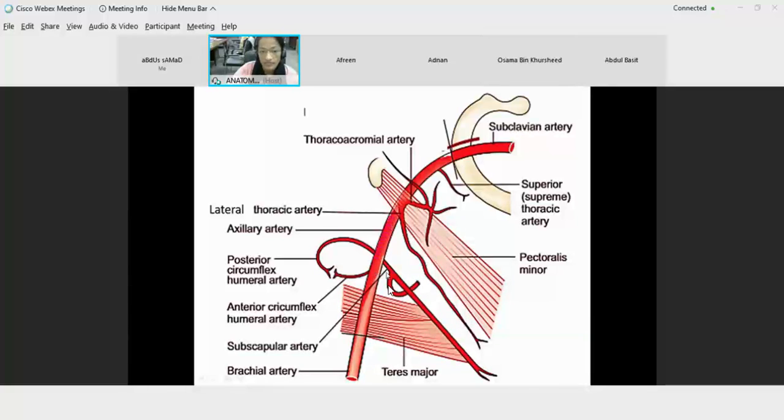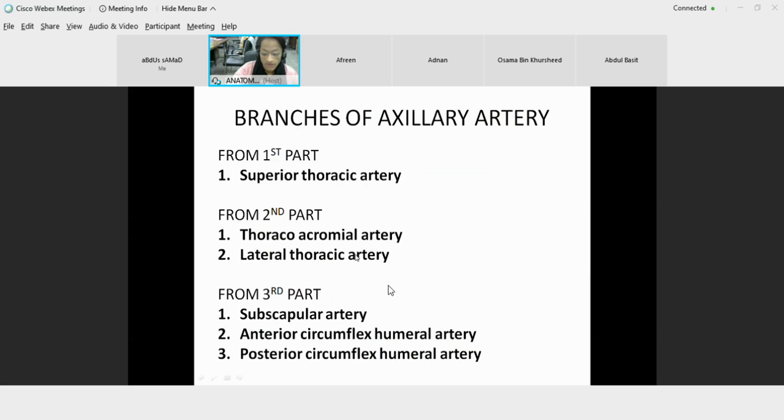Then from the third part we have the subscapular artery, which is the largest branch of the axillary artery, the anterior circumflex humeral artery, and the posterior circumflex humeral artery. These are the three branches arising from the third part.